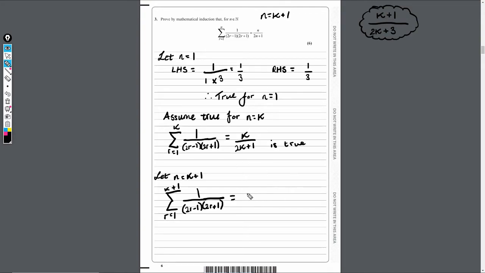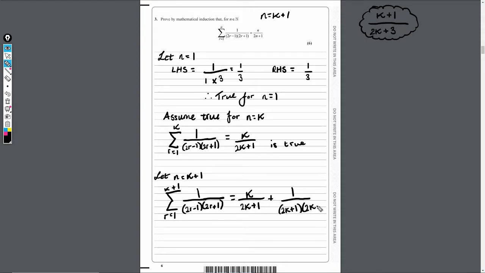So if I write this down again, we already know this is true, we've assumed it's true, so k over 2k plus 1. My next term will be this expression here, but with k plus 1 being subbed in for my r's. So that'll be plus 1 over 2 lots of k plus 1, so that's 2k plus 2 minus 1, so I get 2k plus 1, times, instead of 2k plus 1, 2k plus 3, because that's 2k plus 2 plus an extra 1.